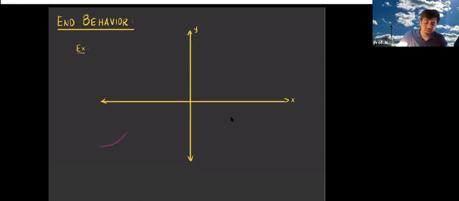So whenever you see something like this, it would most likely be some kind of polynomial. Eventually, we'll start to figure out what degree this polynomial is, what leading coefficient it has, and so on. So these arrows indicate a lot to us. These arrows here indicate the following.